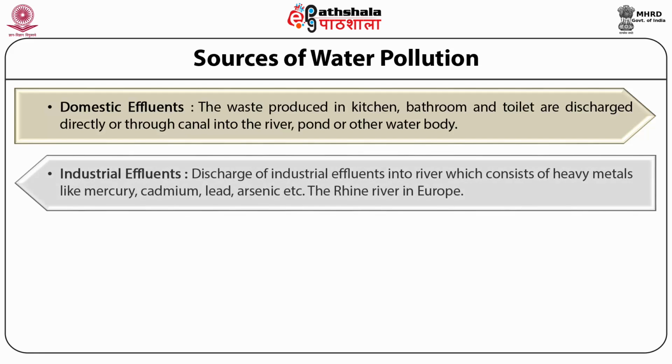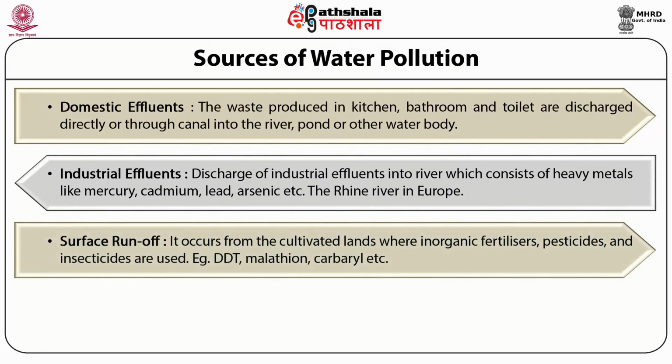Second is industrial effluents. It is the discharge of industrial effluent into rivers, which consists of heavy metals like mercury, cadmium, lead, arsenic, etc. The Rhine River in Europe is one of the best examples, in which a large amount of heavy metals is released into the river.